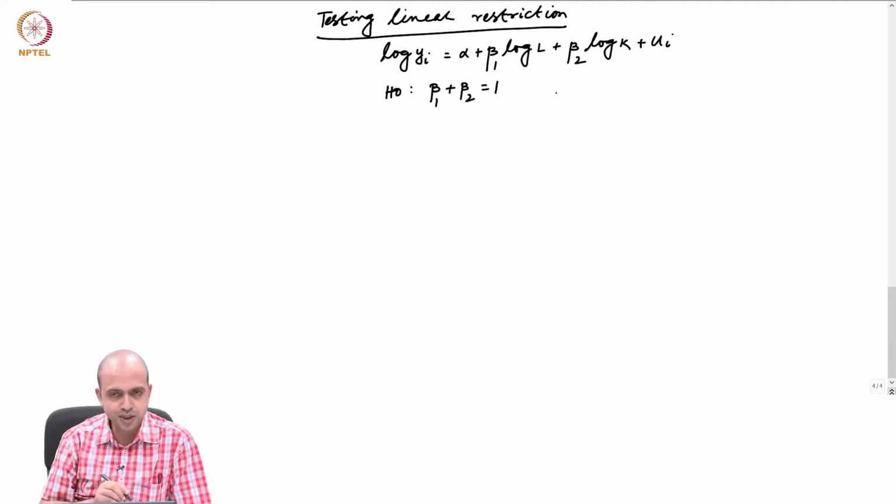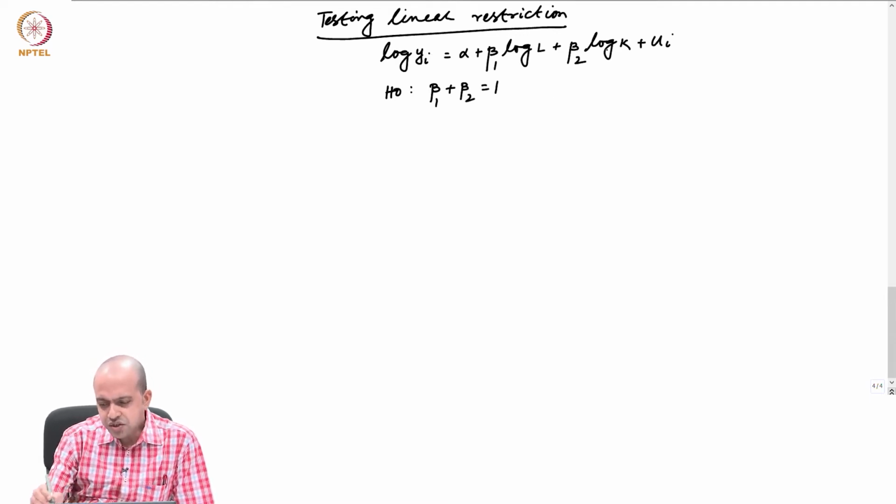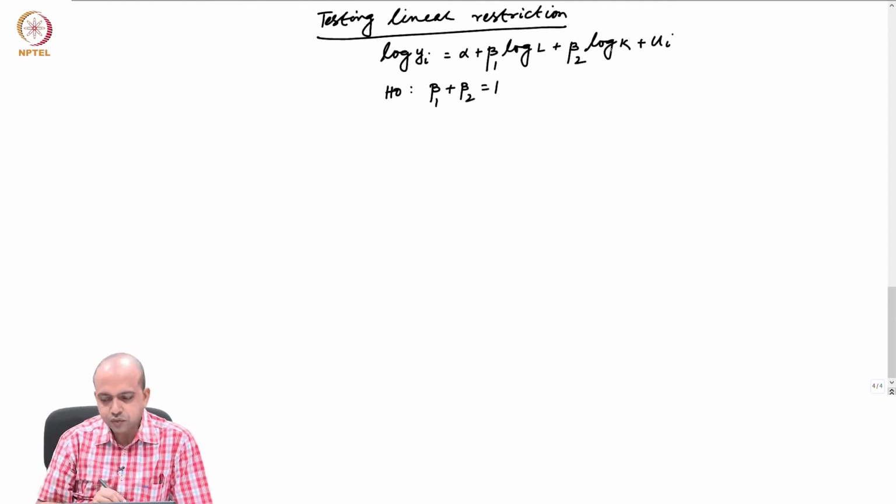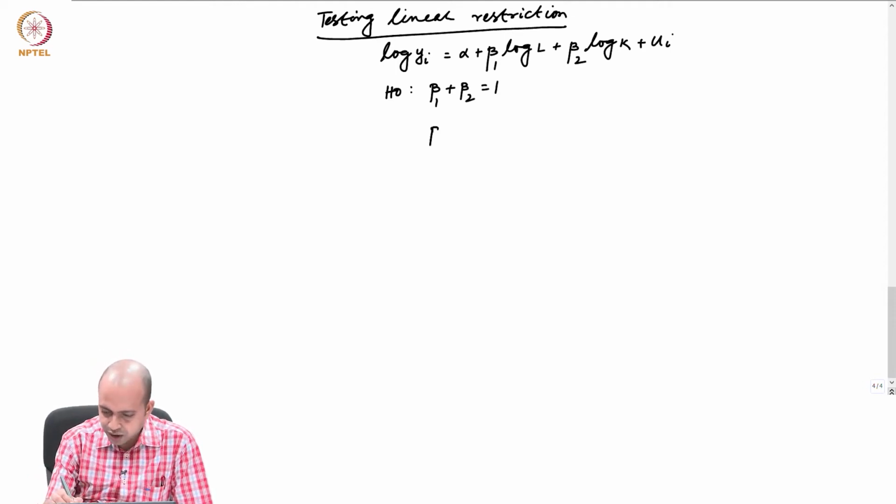If this is a production function, then beta 1 indicates returns to labor, and beta 2 indicates returns to capital.